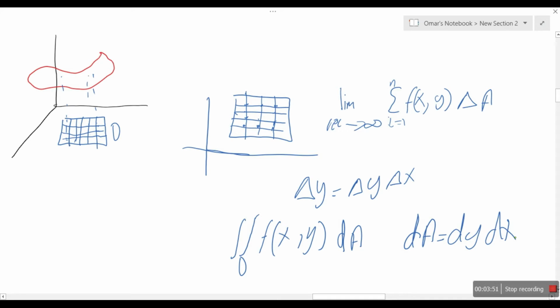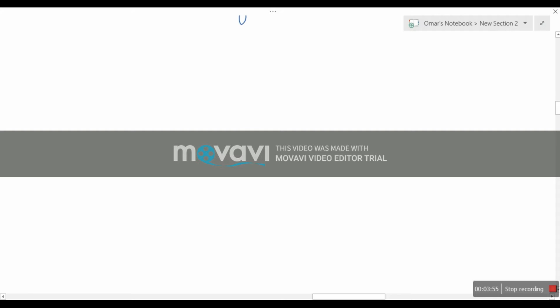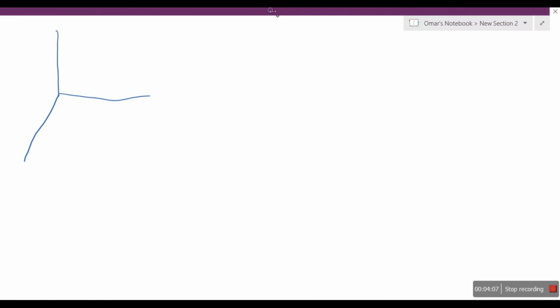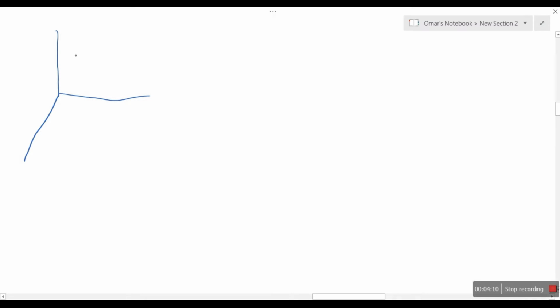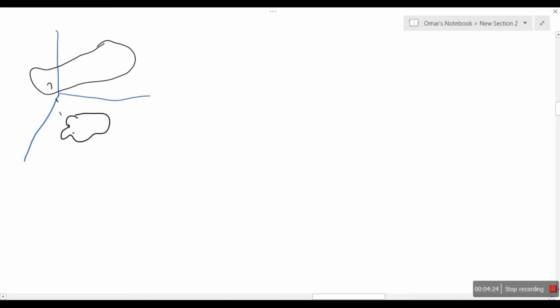Now, in this section, we're going to see what happens if we have a surface like that, but the solid surface down below is not a rectangle, it's general like this.